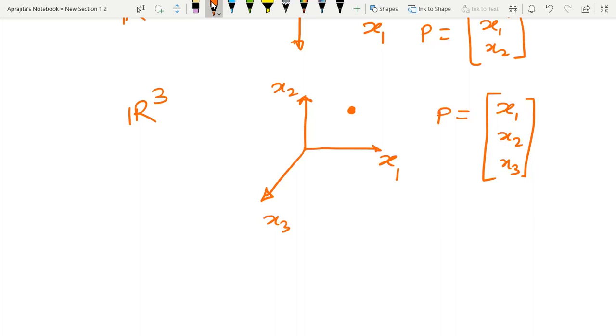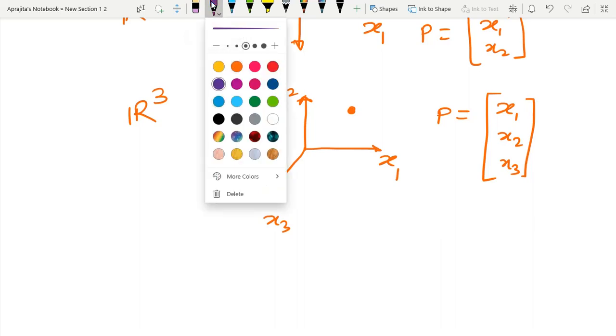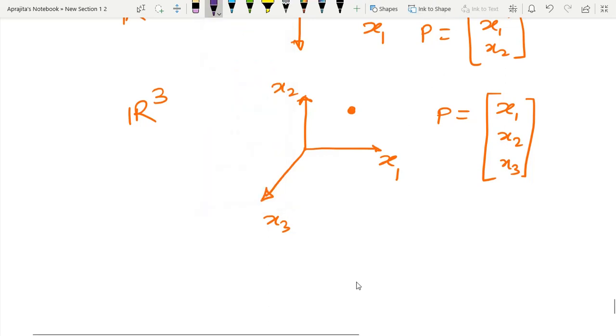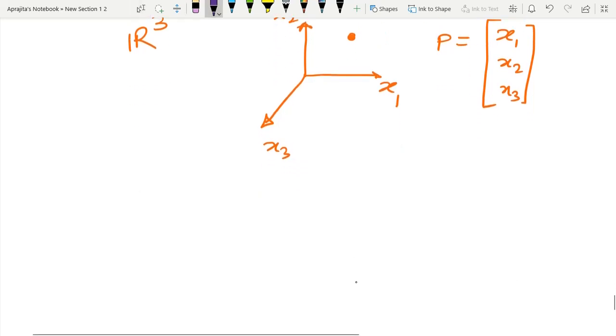Somehow here the contribution of linear algebra comes into the picture. So I am going to write this important observation as a remark. Why is this remark important? First we will write the remark, and after that we try to understand the meaning of the remark.